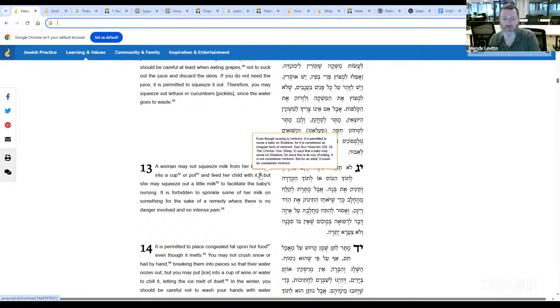Even though nursing is mefarek, it is permitted to nurse a baby on Shabbos, for it is considered an irregular form of mefarek. It's not a regular way, and anything that's a shinui, he considers not to be a prohibition on Shabbos. See Bir Halacha: Chelkas Yaakov says that a baby may nurse on Shabbos, for since this is its way of eating, it is not considered mefarek.